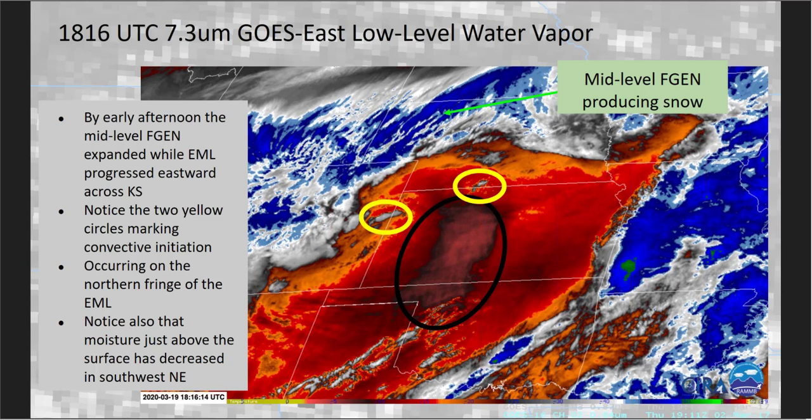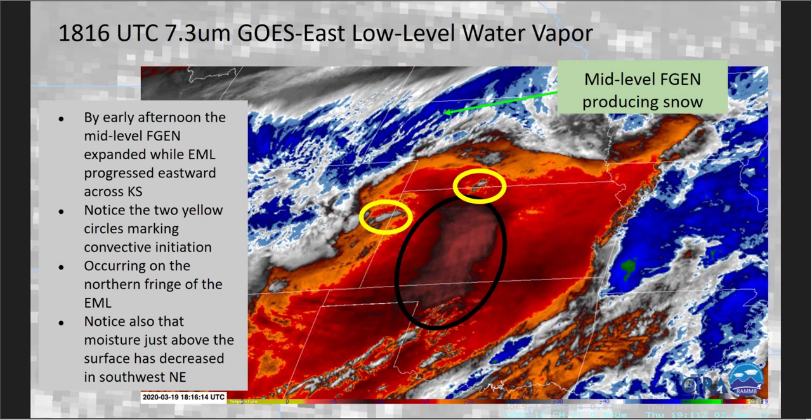But those two yellow circles on the screen mark the convective initiation that's occurring just along the front, but also back into east central Colorado. This is occurring on the northern fringe of the EML as it was progressing eastward.